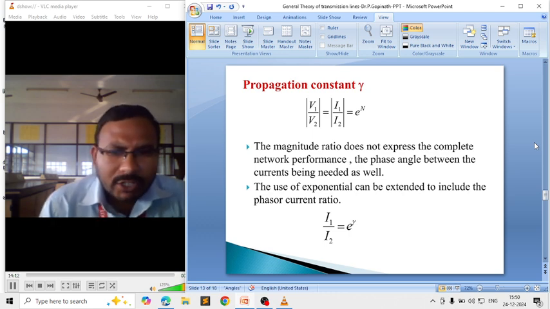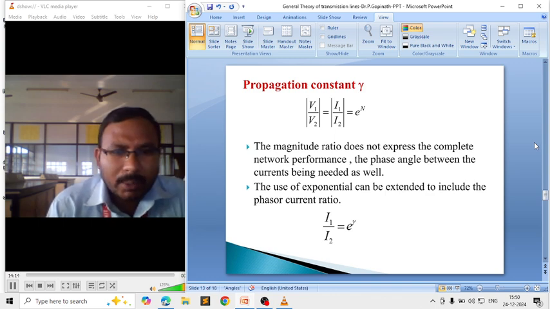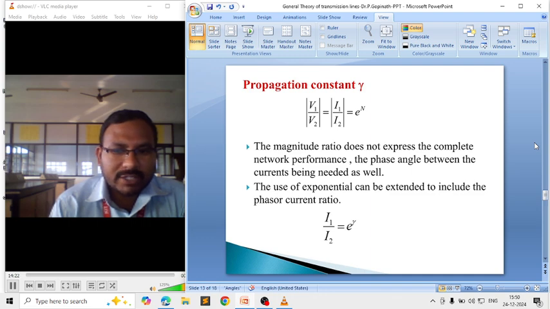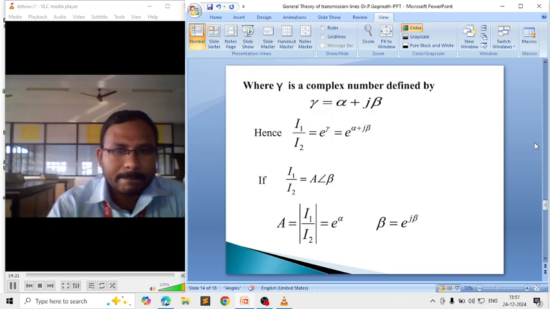The magnitude ratio does not express the complete network performance. The phase angle between the currents is needed as well. The use of the exponential can be extended to include the phasor current ratio, I1 divided by I2 equal to e power gamma, where gamma is a complex number defined by gamma equal to alpha plus j beta.